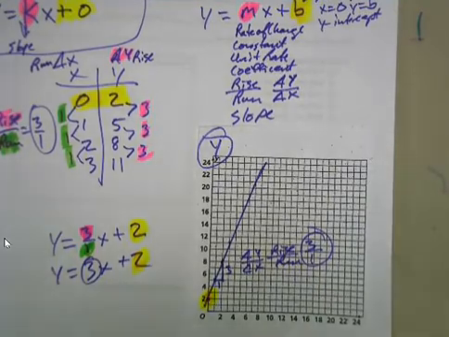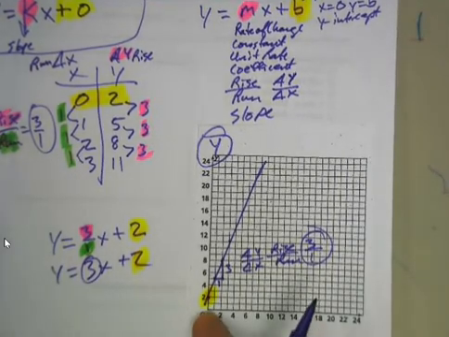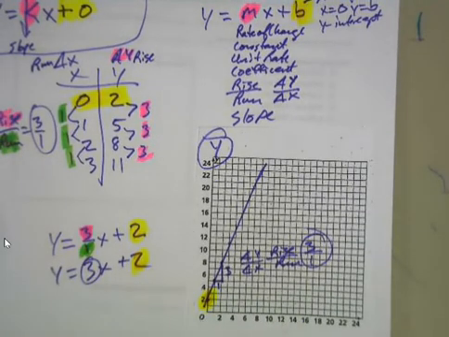So the only real difference between the proportional relationship and the linear relationship is going to be the origin. Where does the line start? If the line starts at 0, 0, it is a proportional relationship, and all of your points on that line would be equivalent fractions.